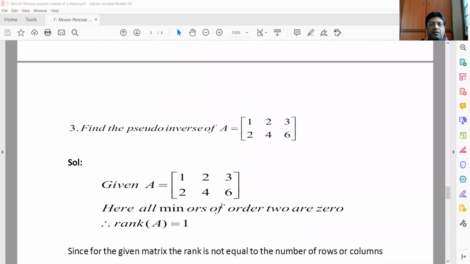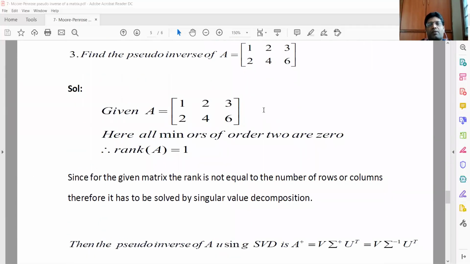Now we'll see the third type of problem. Here the matrix order is 2 by 3, which is rectangular. First I am calculating the rank for this one. This is the matrix. Since the order is 2 by 3, the rank must be either 2 or 1, but not 0.